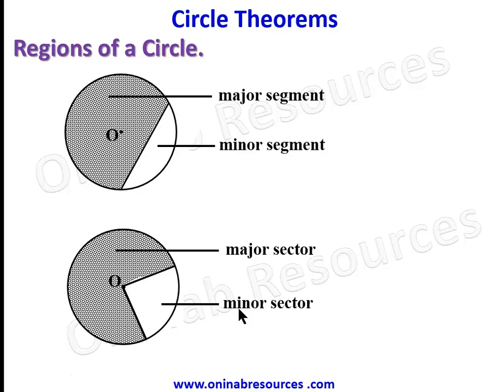So two radii divide a circle into two sectors, the bigger being the major sector and the smaller being the minor sector. So from here we can now consider some of the circle theorems.